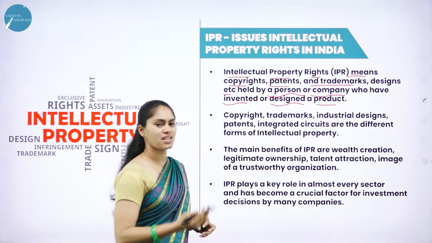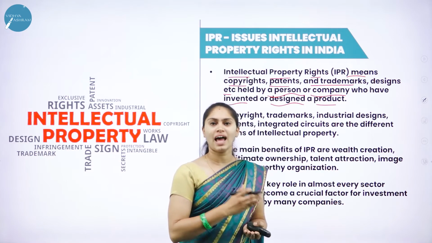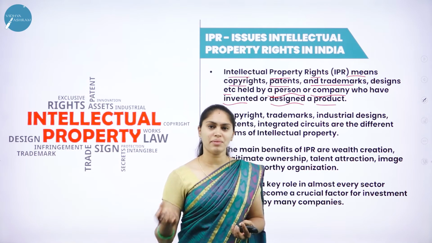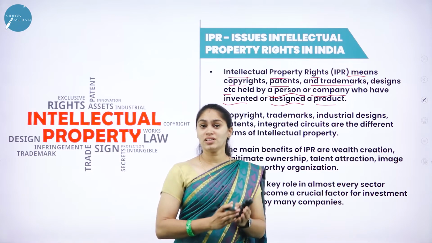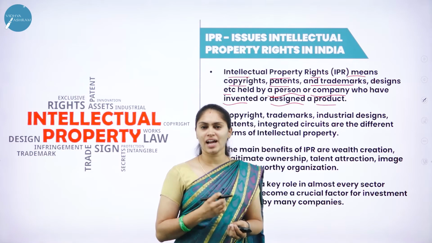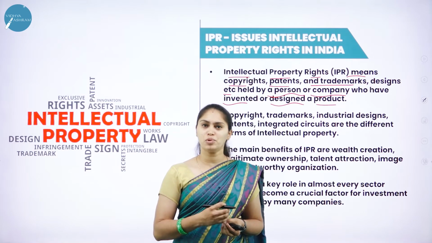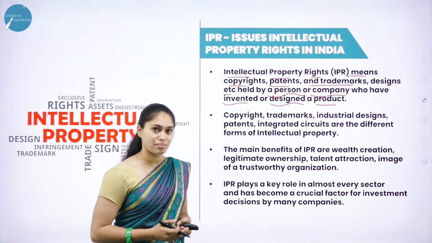That means if you are designing some product, if you are inventing something, you have a full access right to that. But if somebody tries to snatch it, if somebody tries to copy it, that is not fair. So intellectual property right is going to define how we are supposed to behave over the internet. That means what can be done and what should not be done.